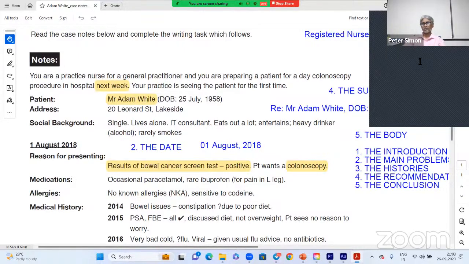He requires, so you can say continuous management and relevant counseling for colonoscopy is required. So we can write like this, passive voice.